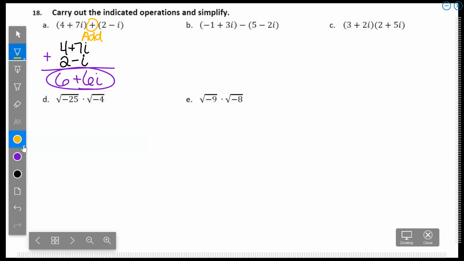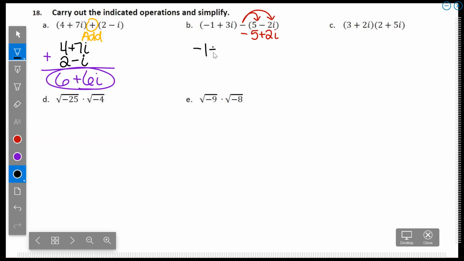What are they asking us to do on part B? What operation do they have here? Subtraction. How do I deal with that? I'm going to subtract them, or I'm going to distribute this, and then I'll line them up and combine again. So negative 5, but this would become a plus 2i.